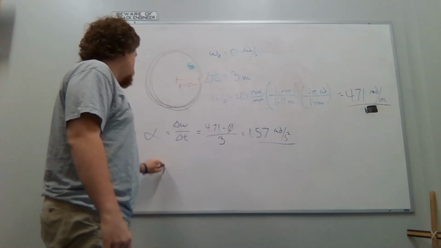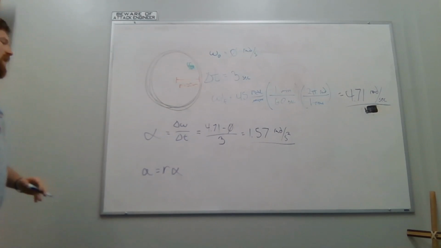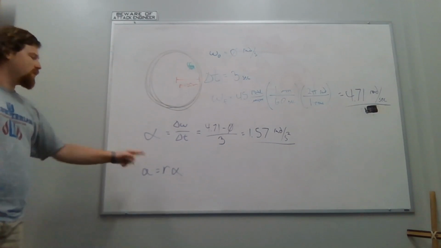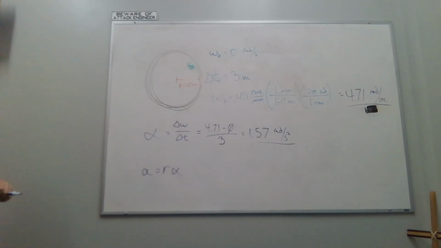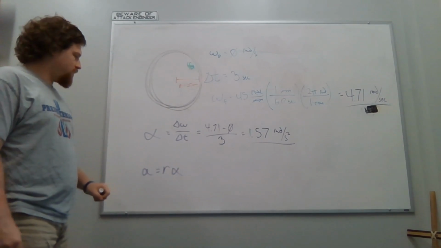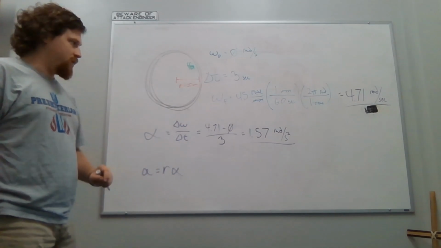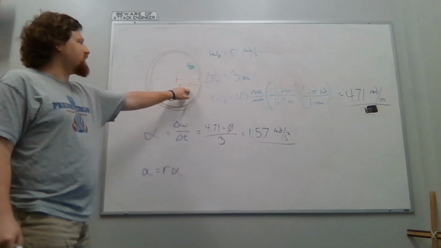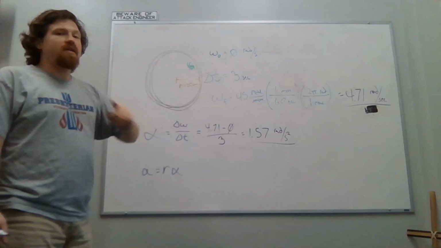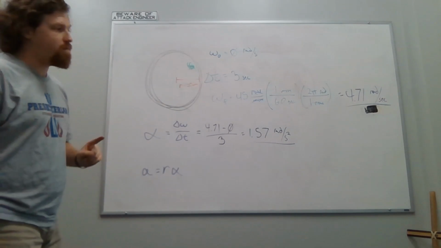The one for acceleration says linear acceleration equals angular acceleration times the radius of rotation. Now we want the linear acceleration, so we just need to plug in radius and angular acceleration. Our radius is 20 centimeters, but centimeters is not our standard unit for length. We want meters.